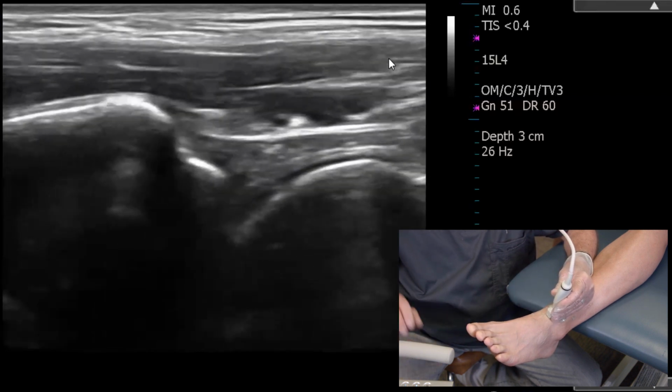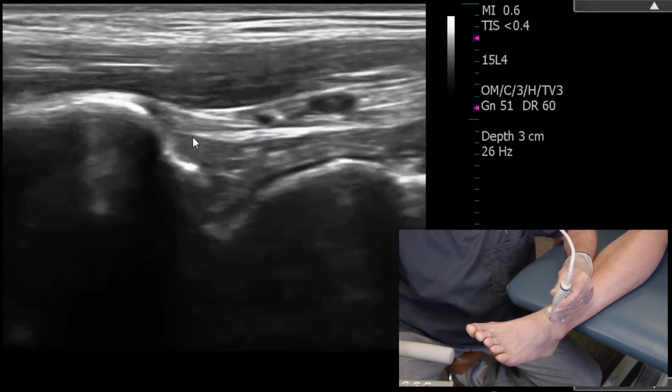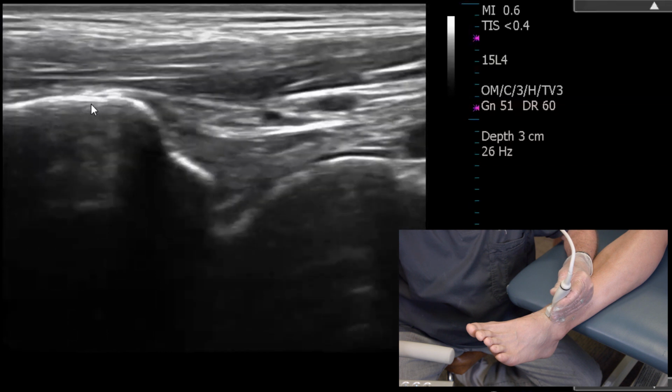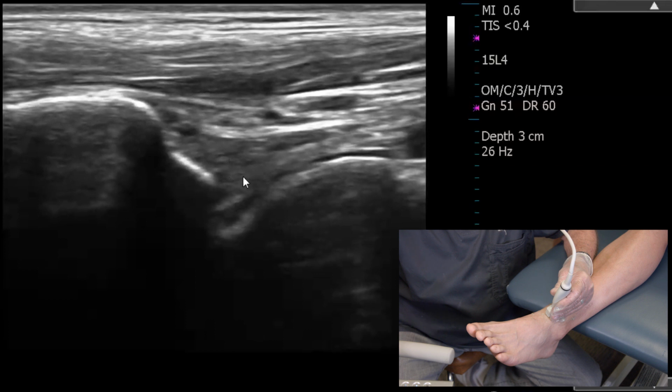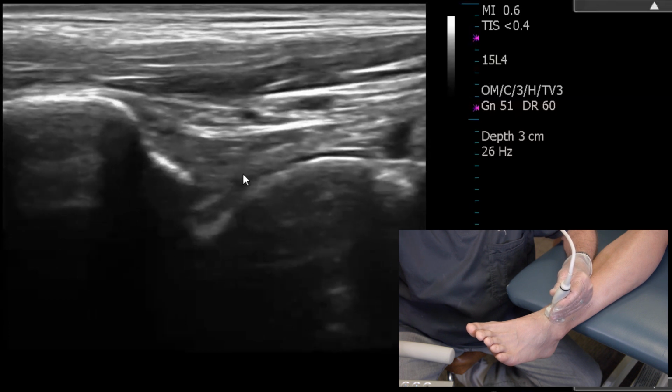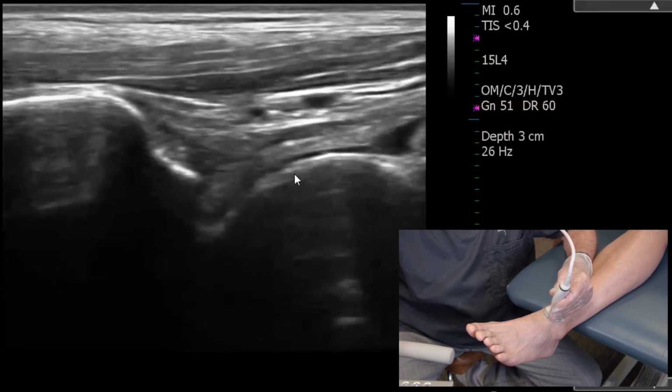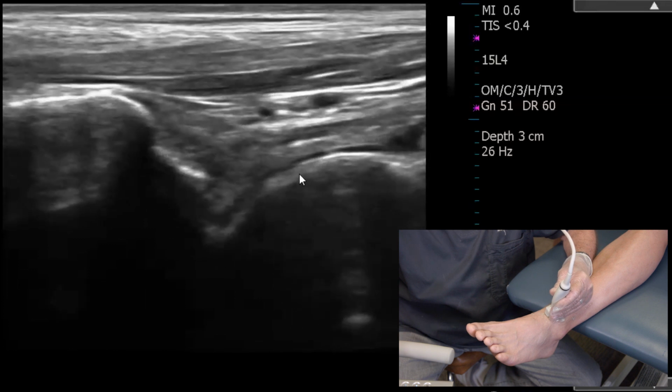Here we're going to find on the left of the screen is the tibia, and as it drops down into the anterior joint space, you actually see another bony landmark, which is the talus.